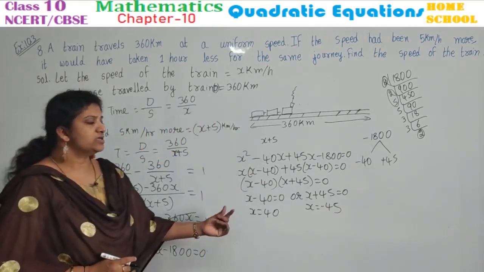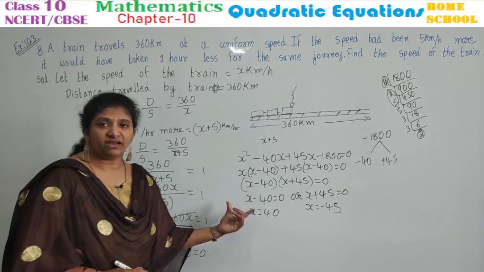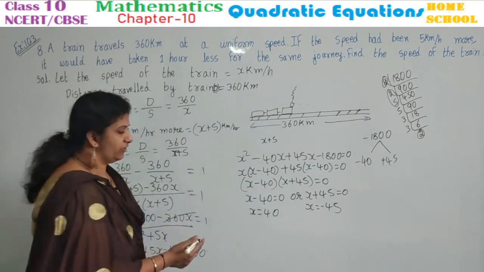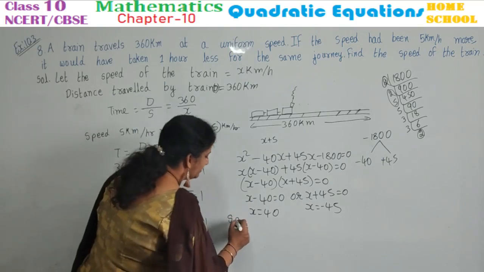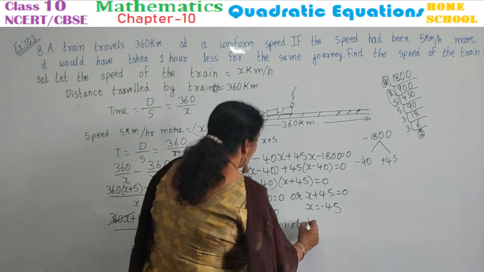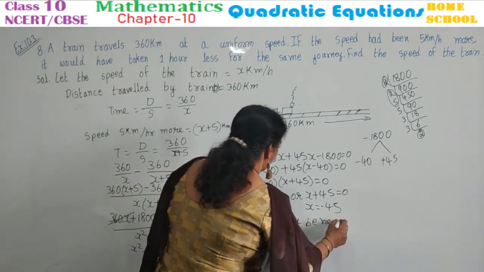So look here, speed. Will speed be negative? No, speed cannot be negative. Therefore, you can write that speed cannot be negative.